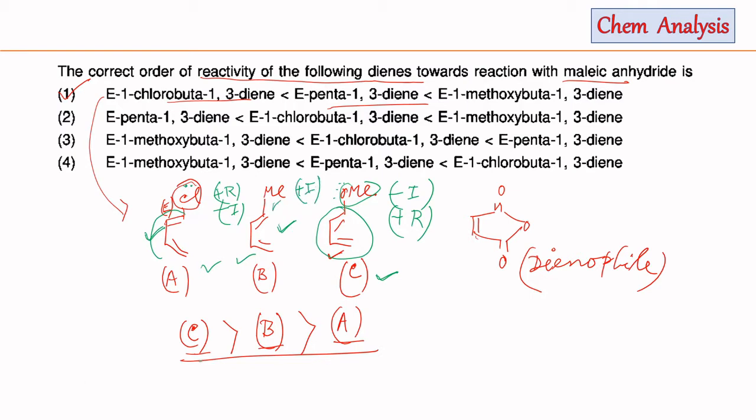Therefore the electron richness order will be like this, and that is also the reactivity order. So let's see the next question.